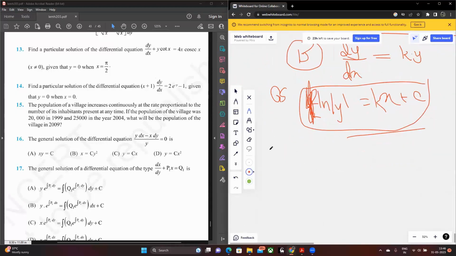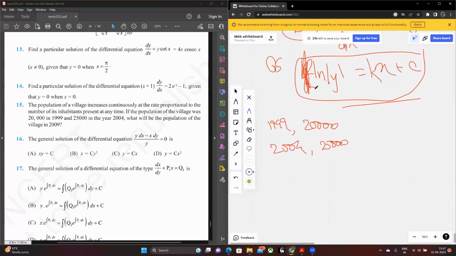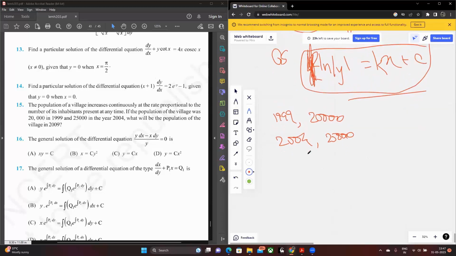You basically have two data points: 1999, 20k, and 2004, 25k. Using these two, we can find out k and c. And we have to basically find what the figure is in 2009.